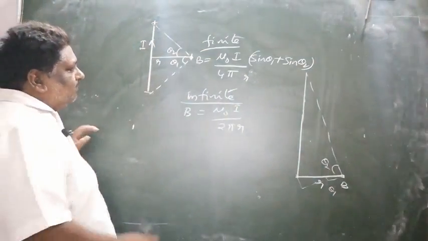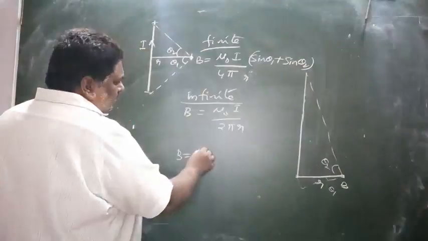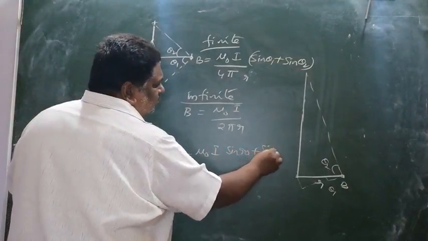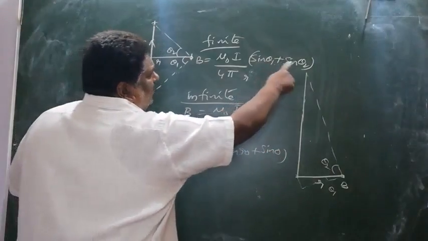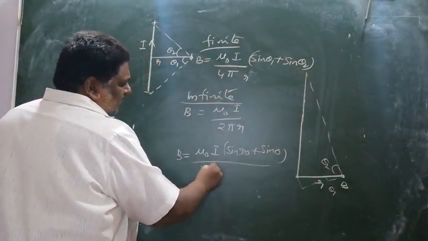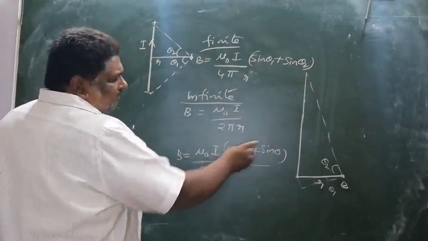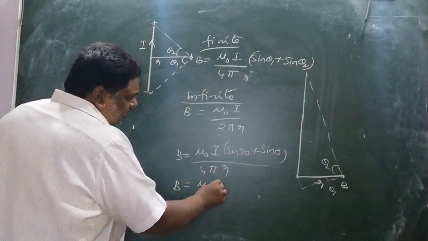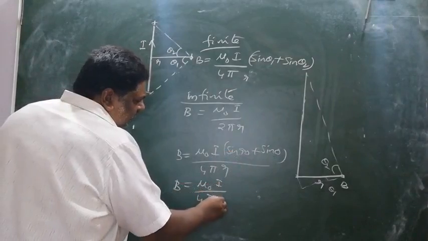Therefore, apply this formula. B is equal to mu naught I into (sin 90 plus sin 0) by 4 pi r. Sin 90 is 1, sin 0 is 0. Therefore, the formula will become B is equal to mu naught I by 4 pi r.